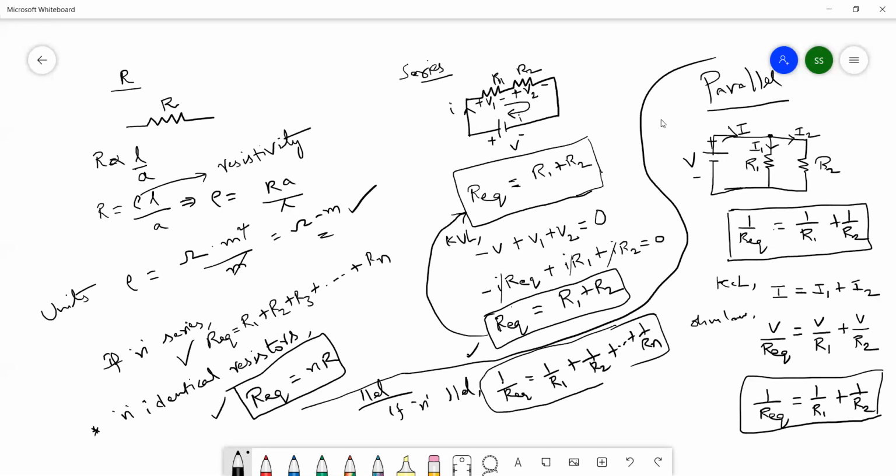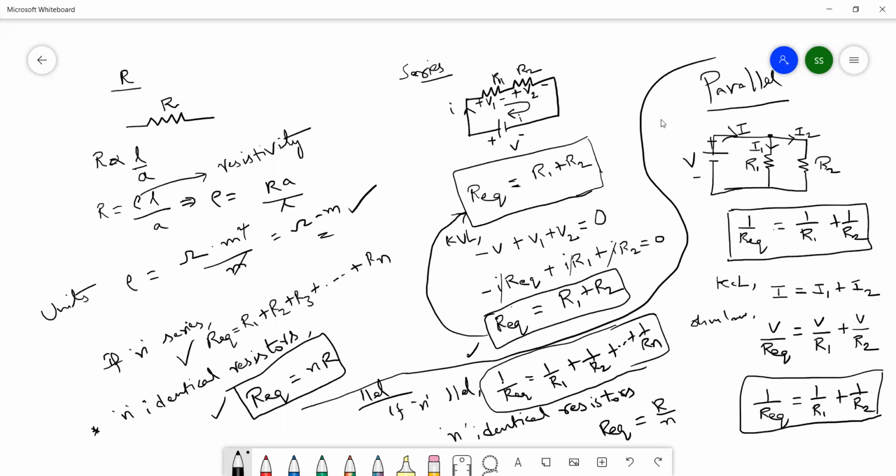That is for n identical resistors, R by n. If identical resistors, in the sense there is no R1, R2, there is only R, those are called identical resistors. For that it should be R by n.